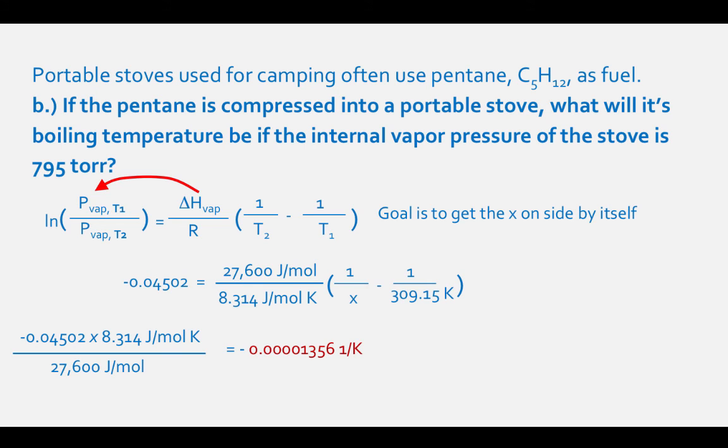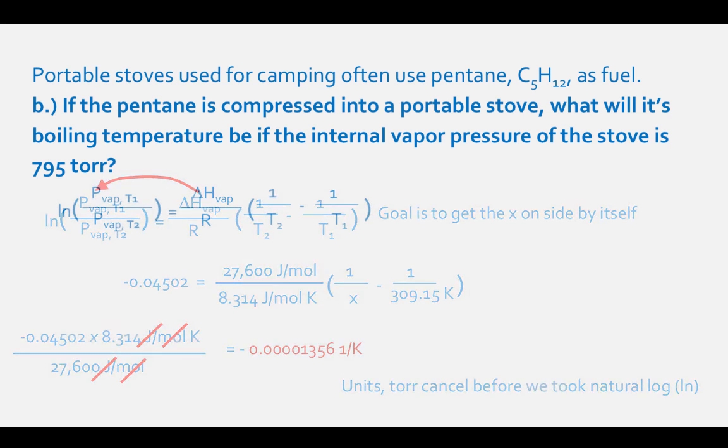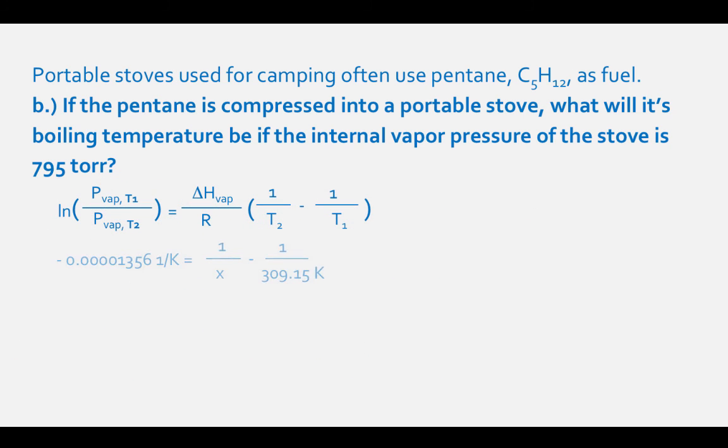The units of this number are going to be inverse Kelvin, because the torr cancel out each other before we took the natural log of the number, so our joules and our moles canceled out, but our Kelvin did not. Negative 0.00001356 inverse Kelvin equals 1 divided by x minus 1 divided by 309.15 degrees Kelvin.